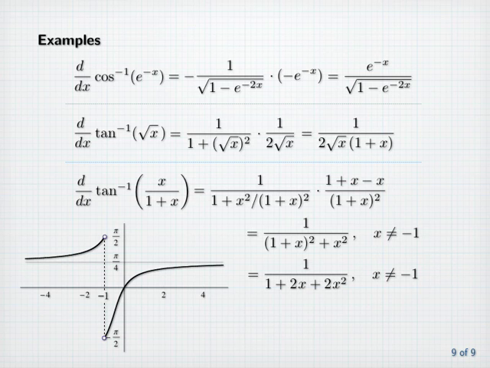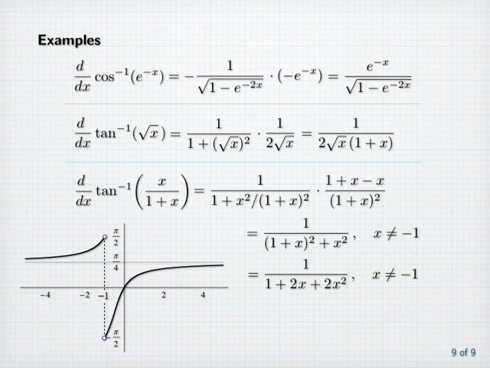It turns out that the limit as x approaches minus 1 from the left is positive pi over 2, since the limit as x approaches minus 1 from the left of the inside function x over 1 plus x equals plus infinity. The limit as x approaches minus 1 from the right of this function equals minus pi over 2, since the limit as x approaches minus 1 from the right of the inside function x over 1 plus x equals minus infinity.